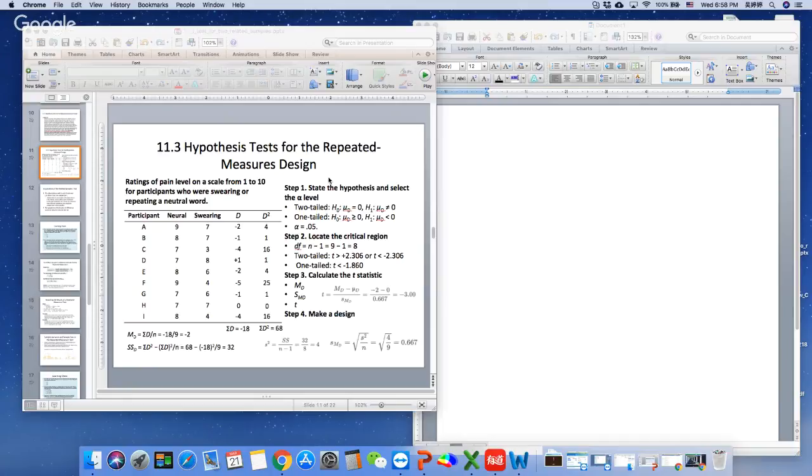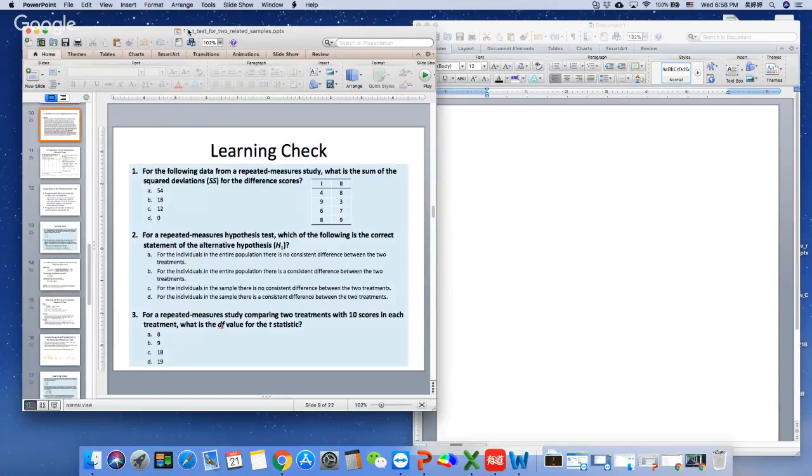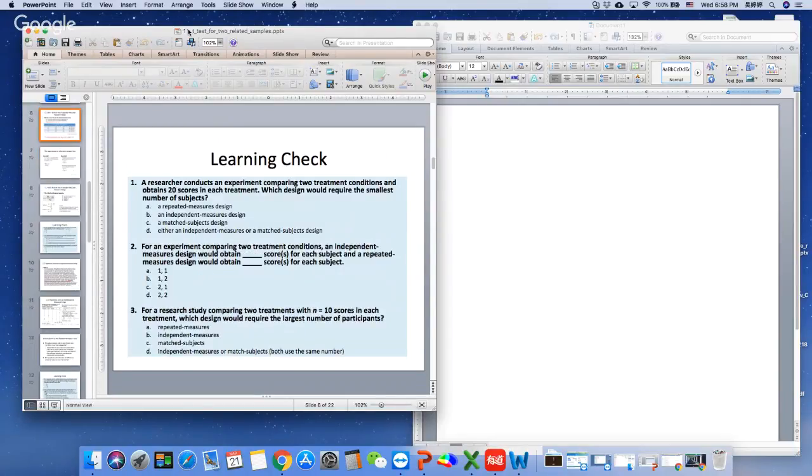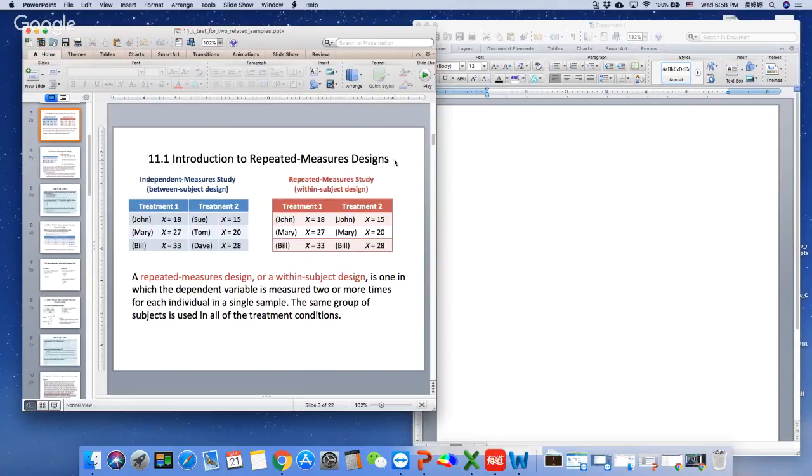So on Monday, we introduced what a paired t-test is. The paired t-test is used for data obtained from a repeated measure design, or we call it the within-subject design.